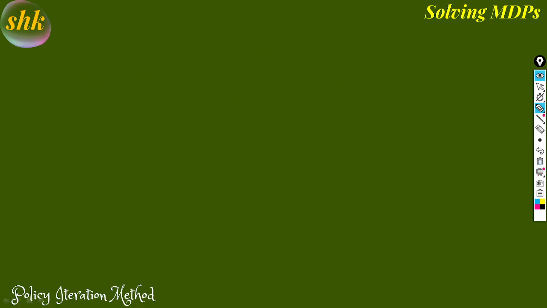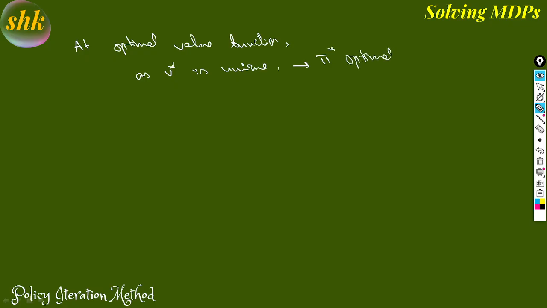So at the optimal value function, whatever the policy exists, that will be the optimal policy because v star is unique. As the optimal value is unique, once we get the optimal value function, whatever policy is existing at that time will be considered as the optimal policy.